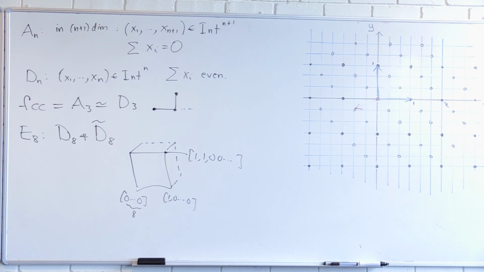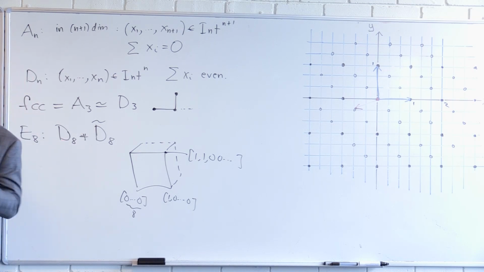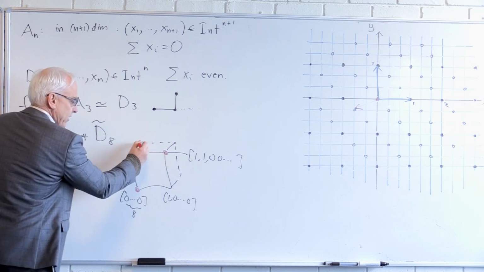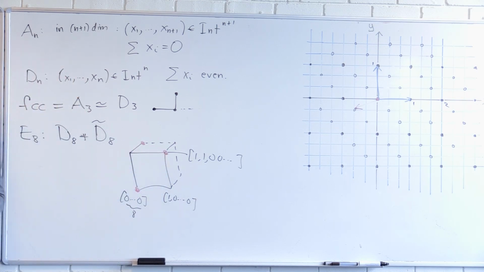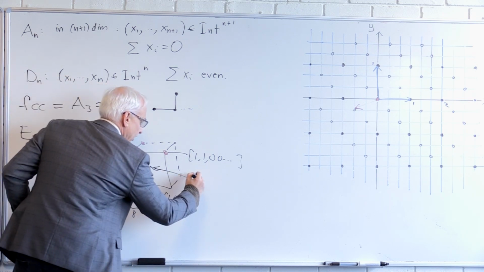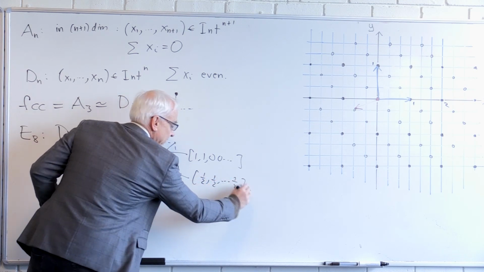Now, if we look at just D8 by itself, we're talking about the points whose sum of the coordinates is even. So that includes this point here, and this point here, and that point there, and so on. Now, the center of the unit cube is the point 1/2, 1/2, all the way up to 1/2.